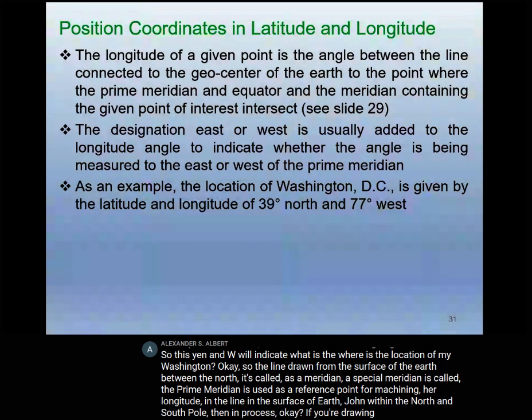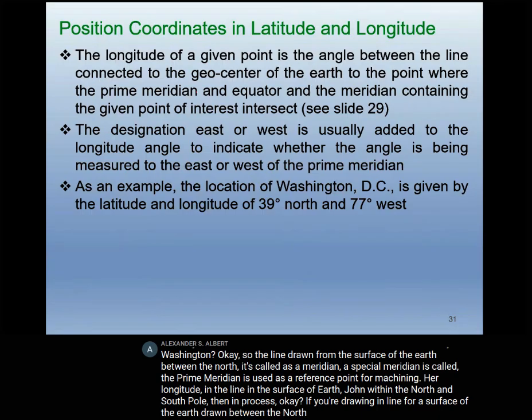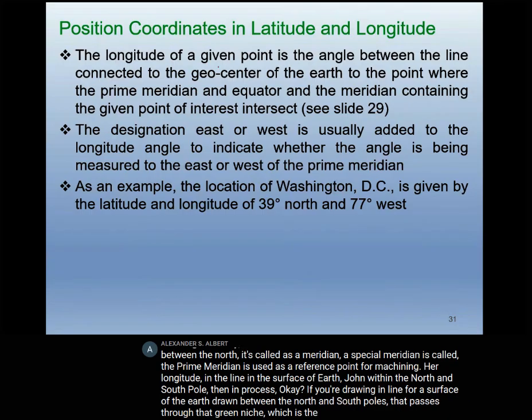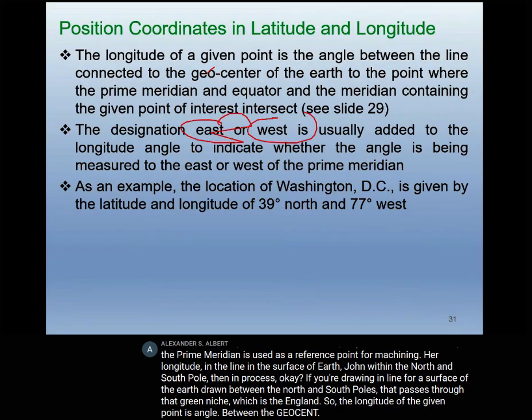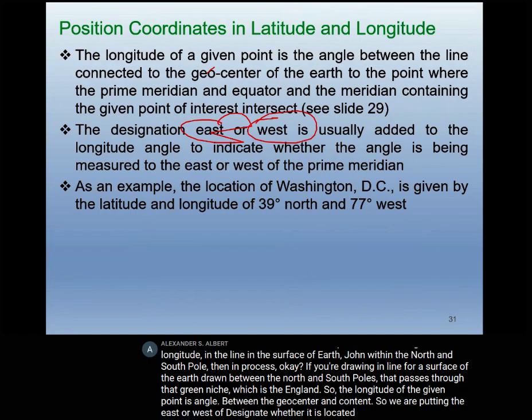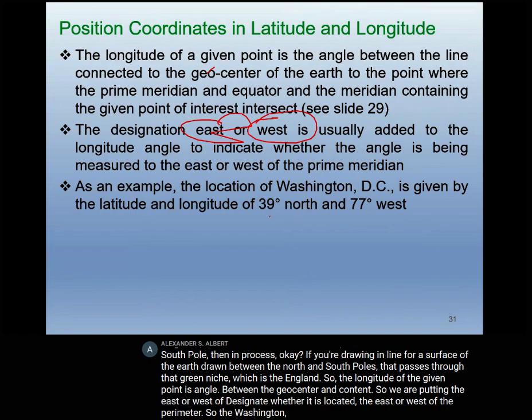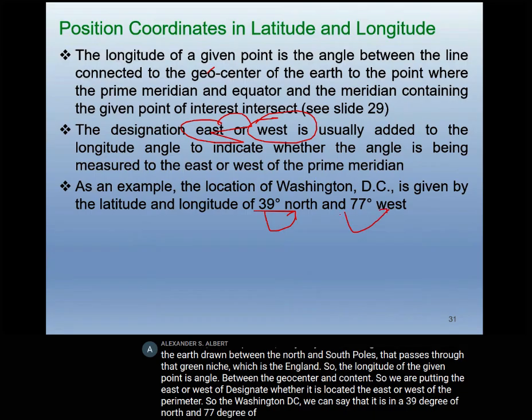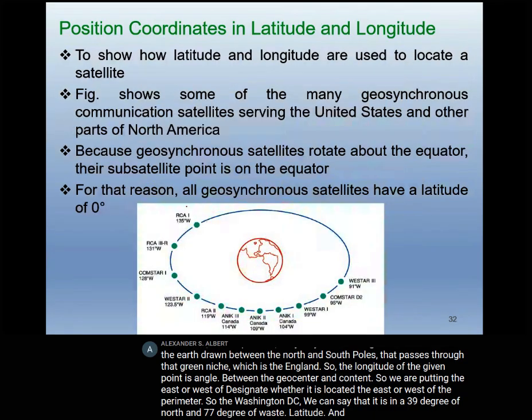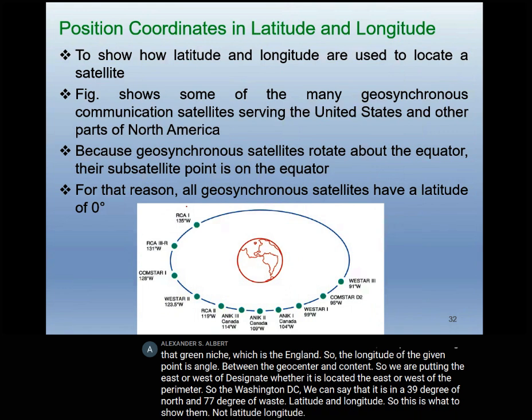The longitude of the given point is the angle between the geocenter and the prime meridian. So we put east or west to designate whether it is located east or west of the prime meridian. So Washington DC is at 39° north and 77° west, latitude and longitude.